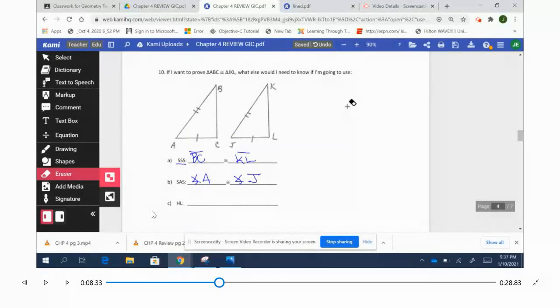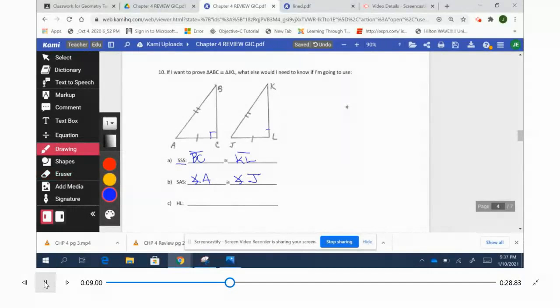Okay, let's eliminate that. Go to part C. Now, if angle C and angle L are right angles, and these triangles are right triangles, then we can prove the triangles are congruent by HL, hypotenuse, leg. That's assuming that this is the right angle, okay? So I'm marking those as the right angle, and you wouldn't necessarily want to say that angle C is congruent to angle L. That's not enough.